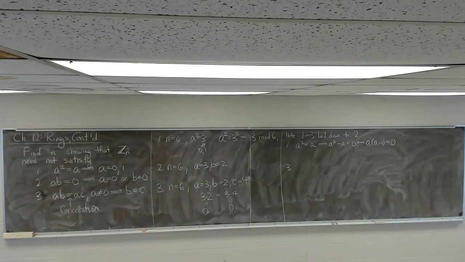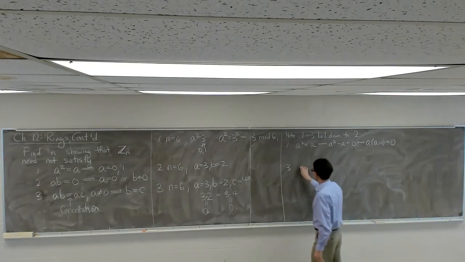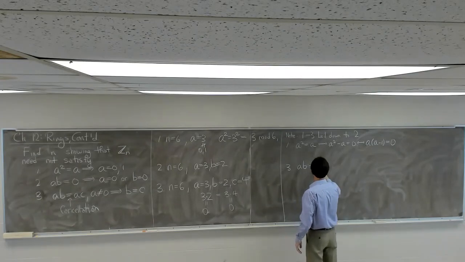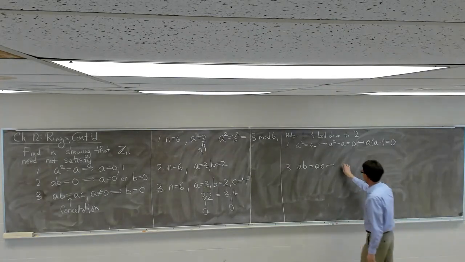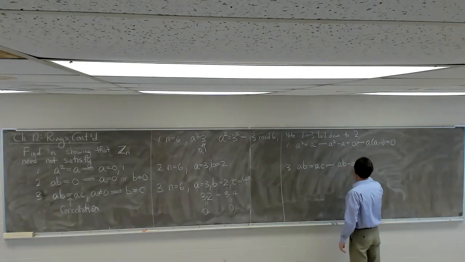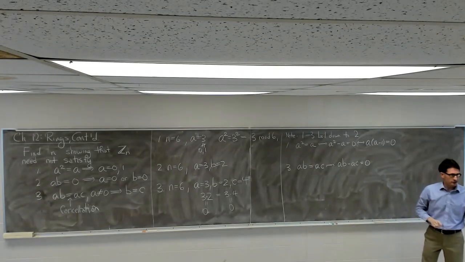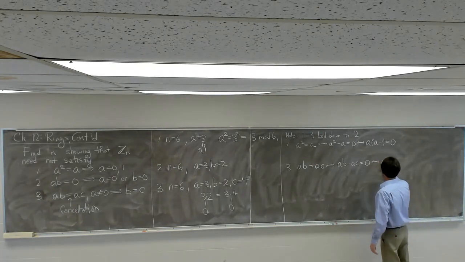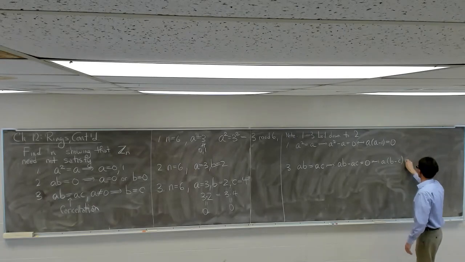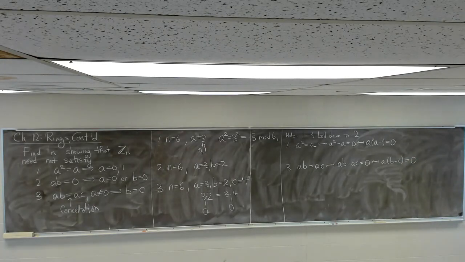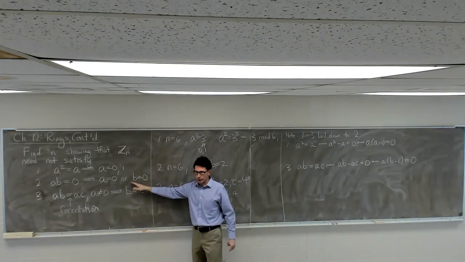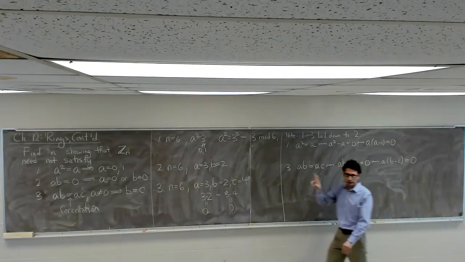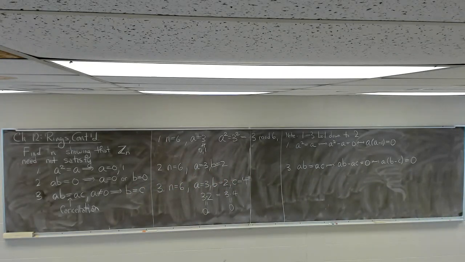Similarly with 3, if we say that AB is equal to AC, that's the same as saying that the difference of AB and AC is equal to 0, which is the same as saying that A times the difference B minus C is equal to 0. Okay. All right, so these all in the end really come down to the second property here, and being able to multiply together two non-zero things and get 0.